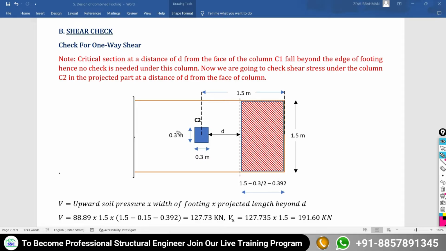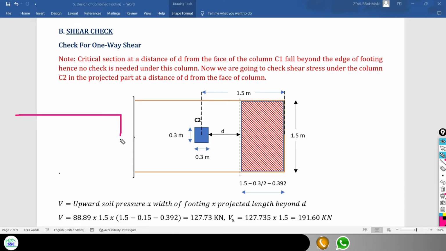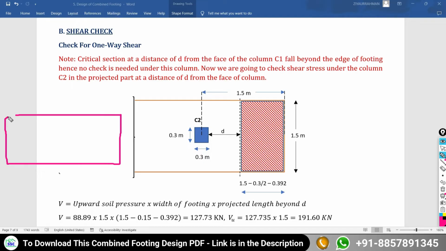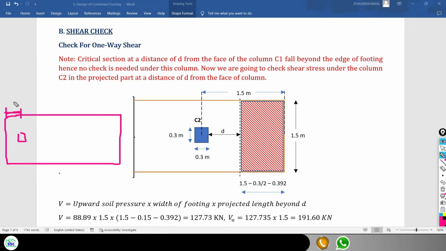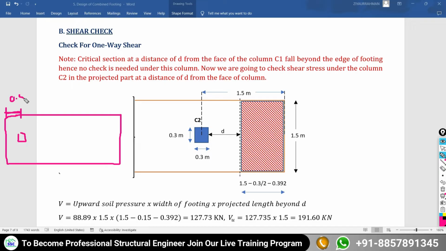For that I need to consider the critical section at a distance of D from the face of both columns, C1 and C2. But here there is some problem with your C1 column. What is that? Try to understand. Suppose this is your combined foundation and this is our column C1. From the center of the C1 column up to the edge of the footing, we only have a projection of 0.5 meter, and the side of your column is 250.